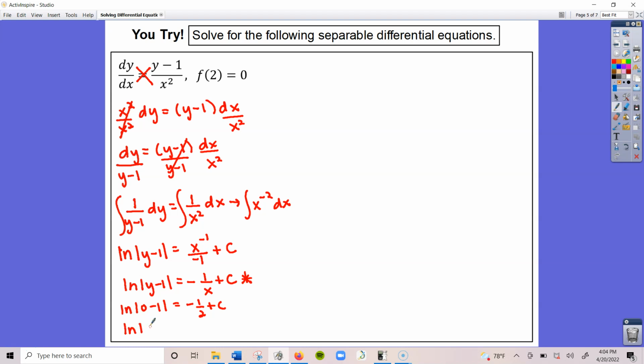So I get the ln of 1 is equal to negative 1/2 plus c. Now the ln of 1 is 0. So 0 is equal to negative 1/2 plus c. If I add the 1/2 to the other side, I get that c is equal to 1/2.